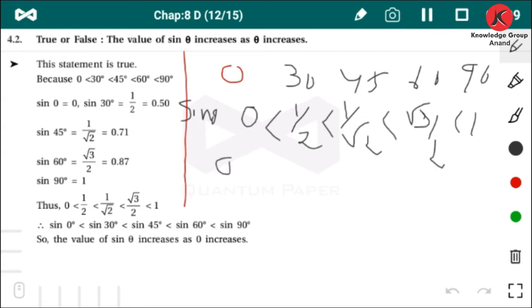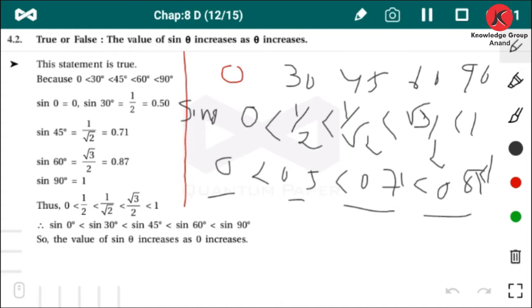Why? Because 0 is less than 1/2, which is equal to 0.5. 1 upon root 2 is equal to 0.71. Root 3 by 2 is equal to 0.87. Then the value increases: 0, 0.5, 0.71, 0.87.